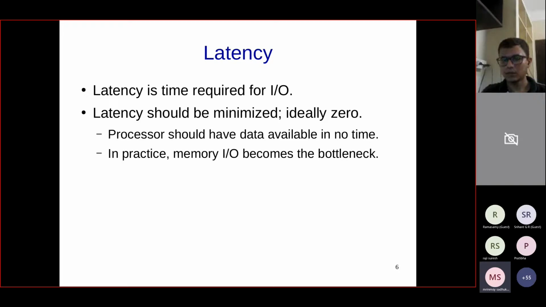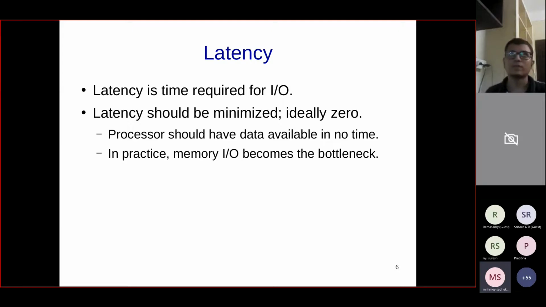But as we all know, the data transfer from DRAM to the CPU or GPU core takes time, and that can't be avoided because of the way DRAMs work. The latency ideally should be zero, and should be minimized if it is not zero, but that is not always the case.